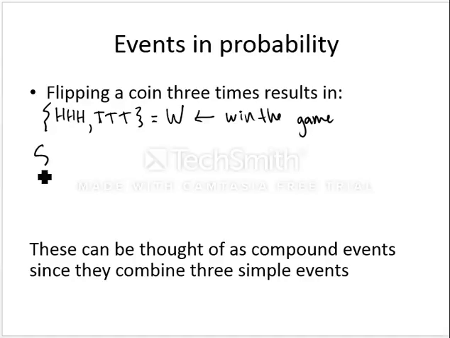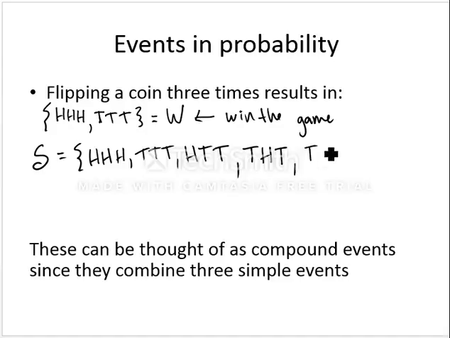But let's be more exhaustive and think about what our whole sample space would be, because this is just 2 possible events out of the sample space. So we could get those winning cases. Or we could just get 1 heads, 2 tails. But notice, we don't have to get a heads in that first position. It could be in the second.